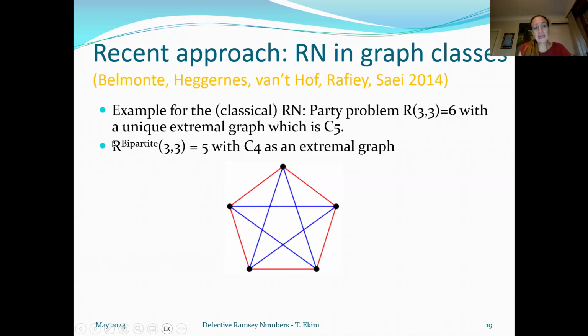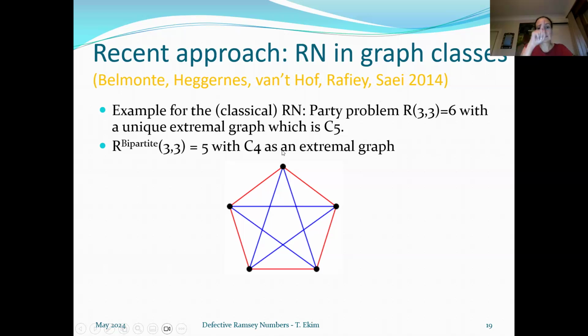So this means that the Ramsey number 33 reduced to bipartite graphs is smaller than 6, actually. It is 5. Which means that every time you take a bipartite graph on 5 vertices, you can find an independent set of size 3, because we don't have a triangle, a clique of size 3.